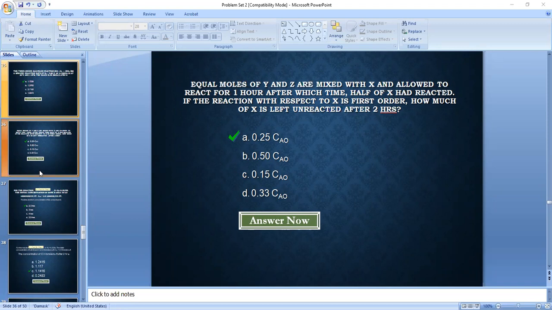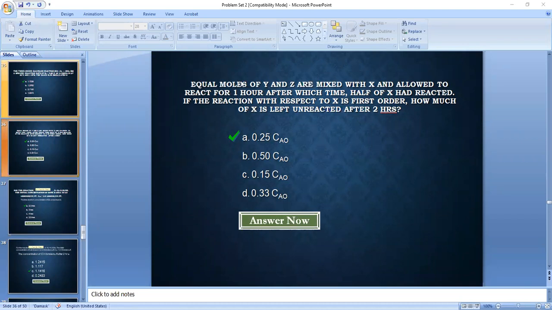Actually, it's very easy, but it was made confusing because of the first statement. So you will have in mind that x is reacted with y and z, and they are allowed to react for 1 hour, after which time half of x had reacted.